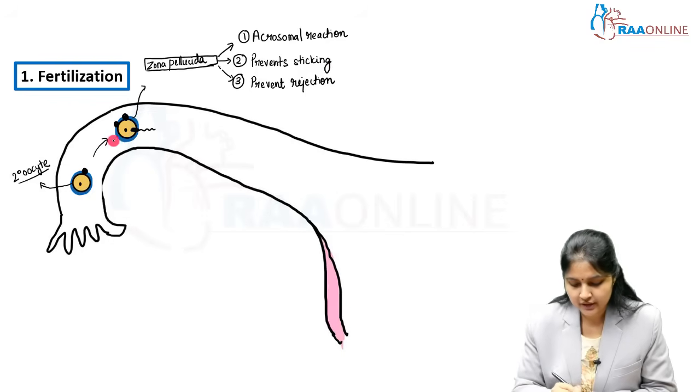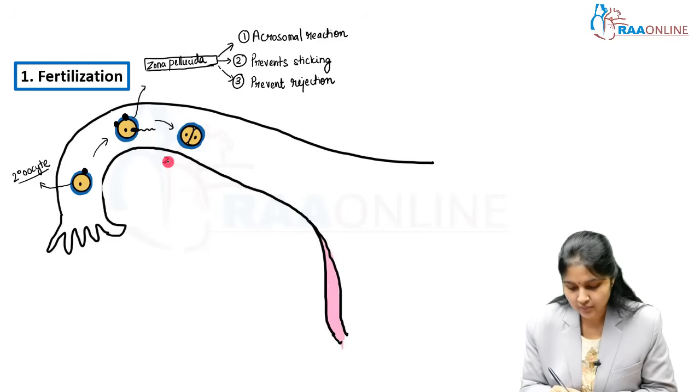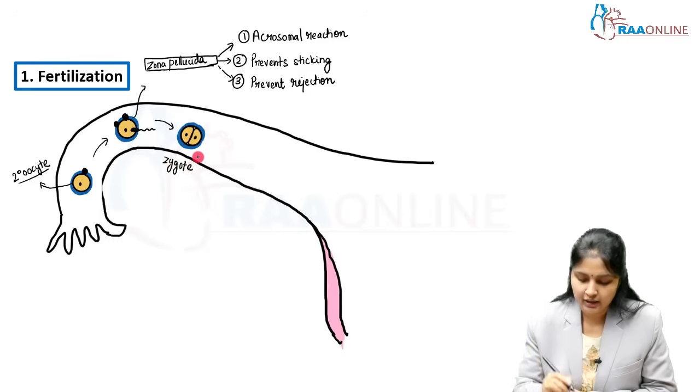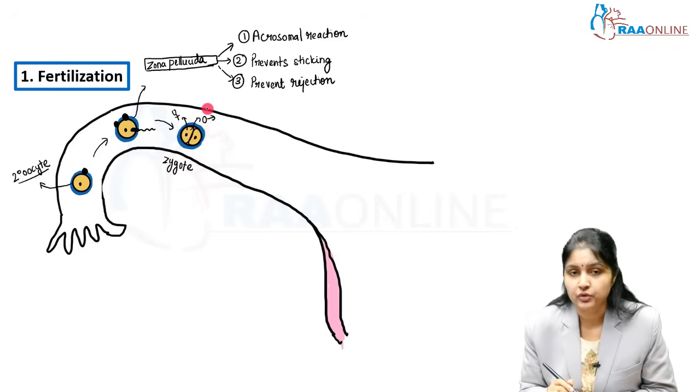So once fertilization occurs, it leads to a two-cell stage, the most primitive form of the developing baby, which is going to be the zygote. The zygote is going to have a female pronucleus formed from the oocyte and the male pronucleus which is formed from the spermatozoa.